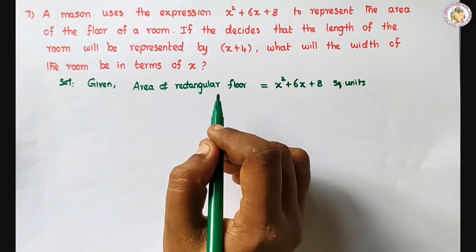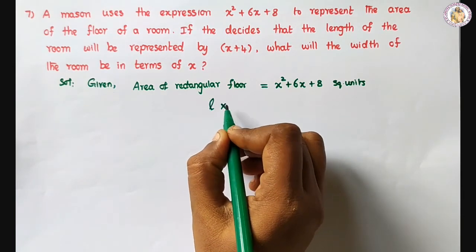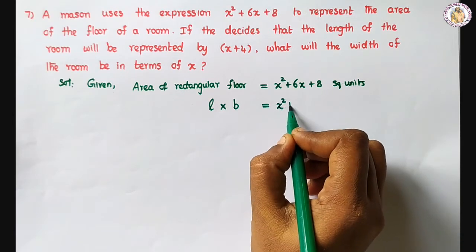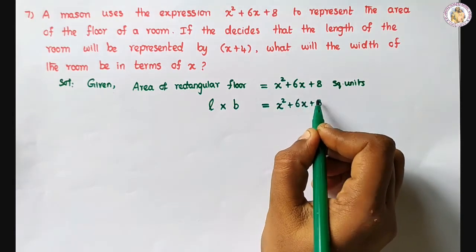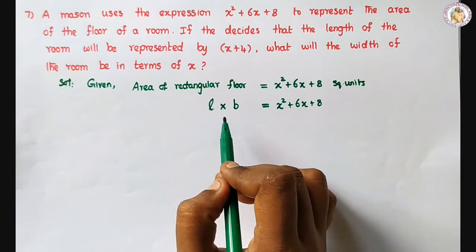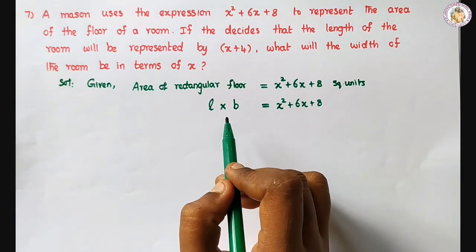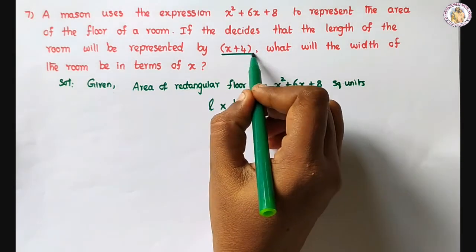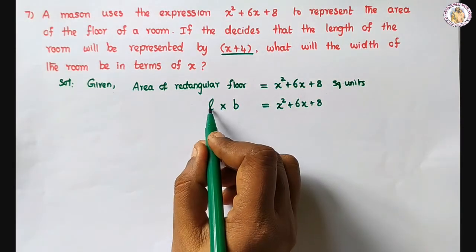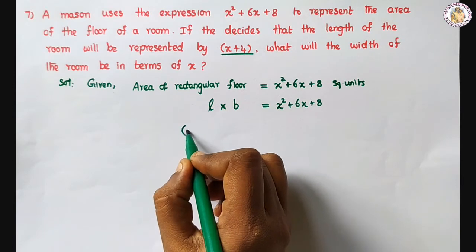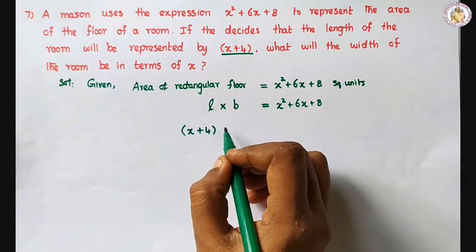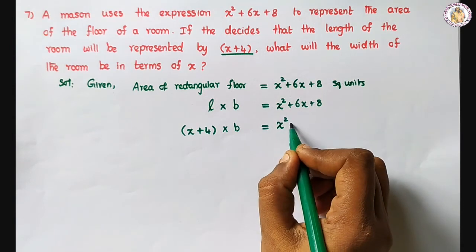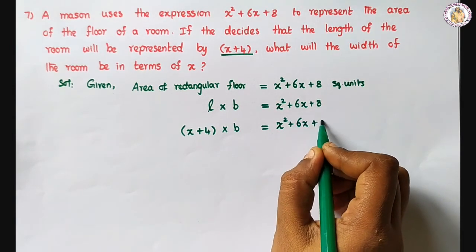What is the area of a rectangle? That is L into B, equal to x squared plus 6x plus 8. Instead of area, apply the formula. Here L is given: x plus 4. So instead of L, substitute the value x plus 4 into b equals x squared plus 6x plus 8.